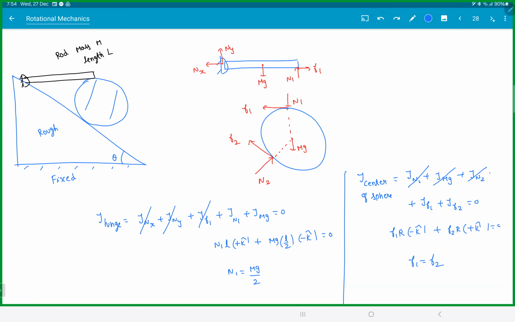So by taking about the center, I got F1 is equal to F2, but that still didn't help me out. But if I take about this point, the value of F1 will come. Try, finish it off. I'll take torque about this point and calculate. This problem can be completely solved only with torques. Meaning you could have written force equations, but that would have been more lengthy. So you can choose multiple points.